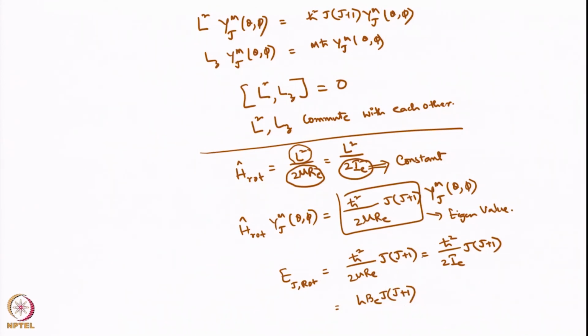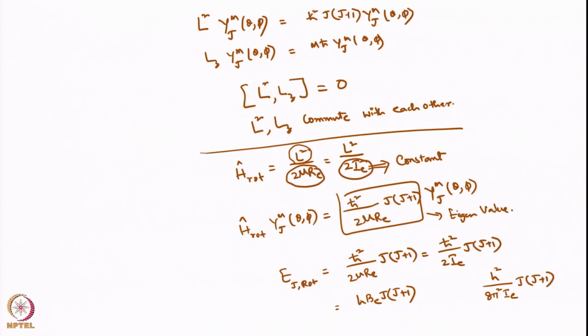Therefore, if I write it like this, h bar square is h square divided by 8 pi square I_e, j(j+1).